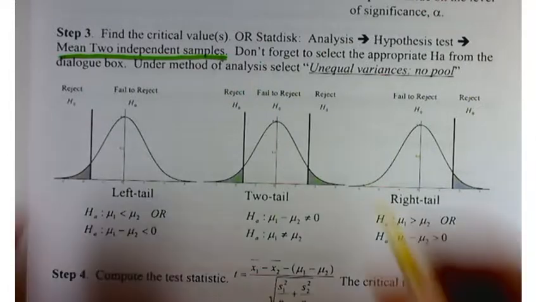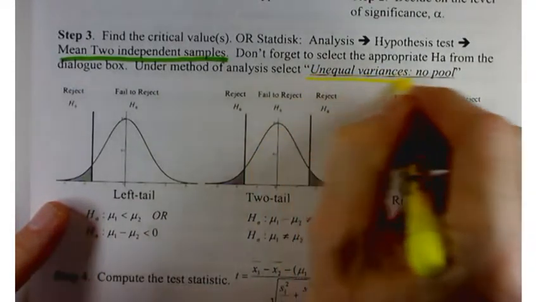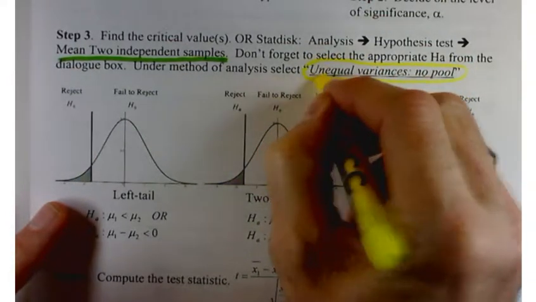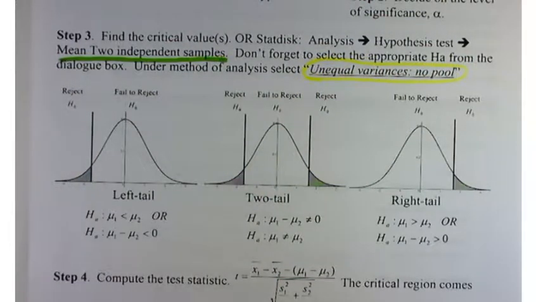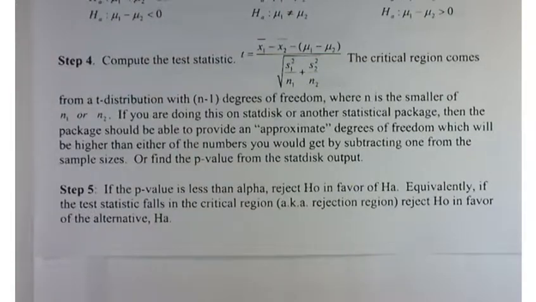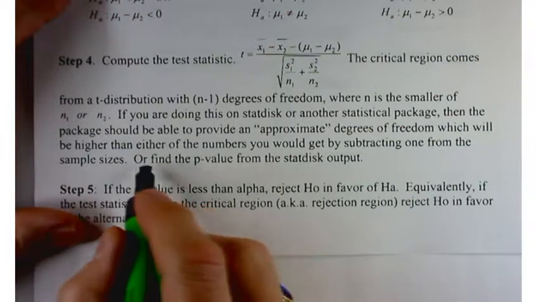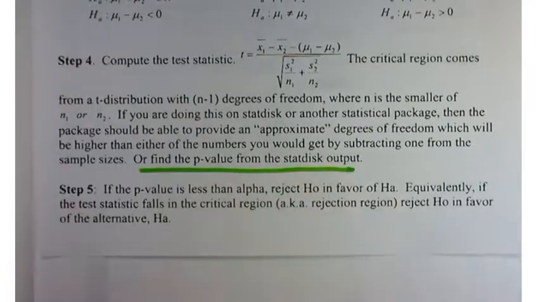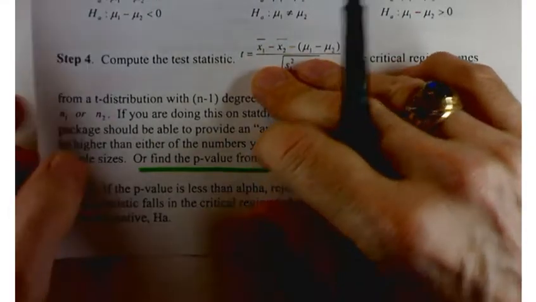For the most part, you should be selecting unequal variances, no pool. We'll talk about that in a little bit. But for now, assuming you're going to do StatDisk, step 4 really reduces to finding the p-value. And once you know the p-value, you can reject or fail to reject, and then state your conclusion in words.